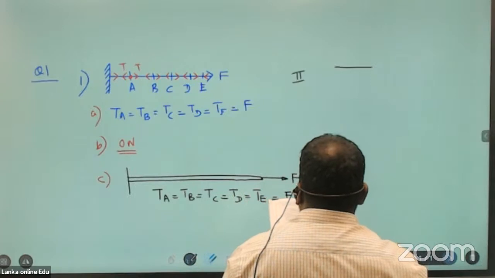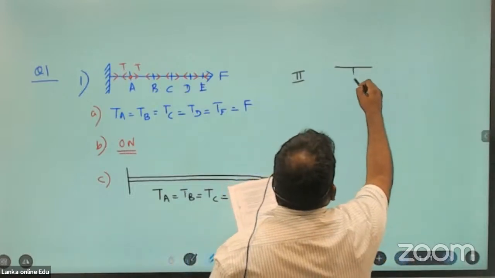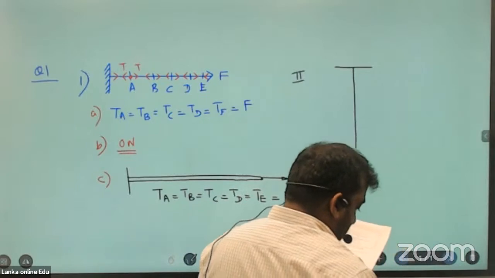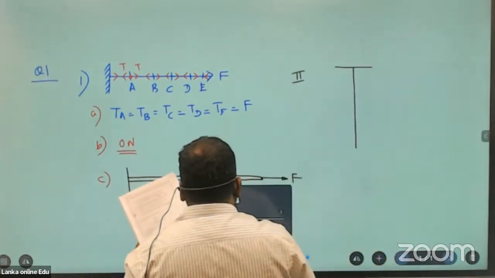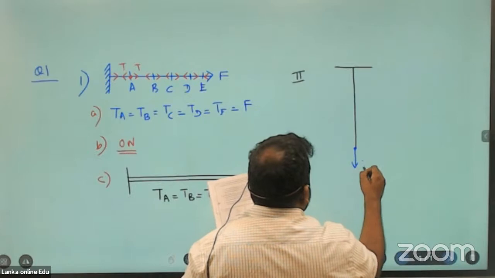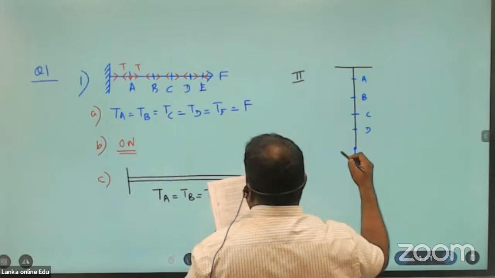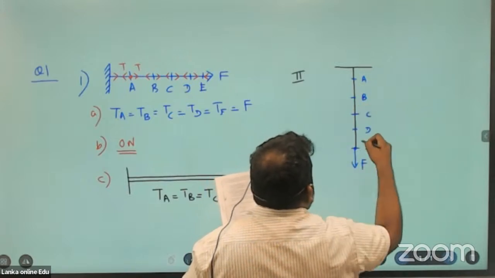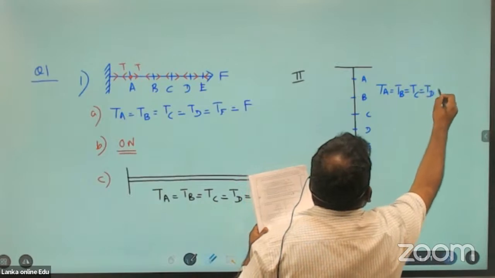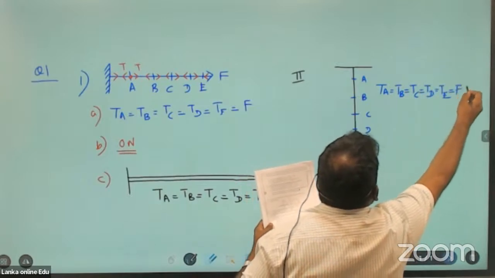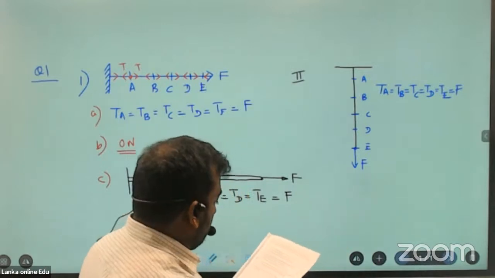Again a light inextensible string, vertical, and I'm applying a force F. Everywhere you see A, B, C, D, and also E, the tension at A equals tension at B equals tension at C equals tension at D equals tension at E equals F. For a light string, the force is always the same.